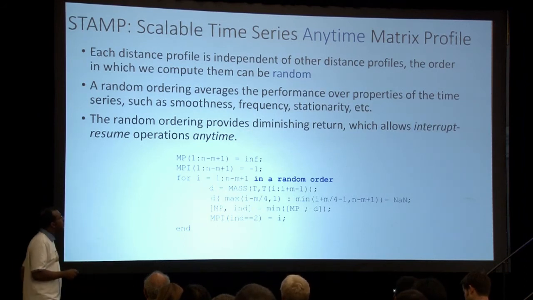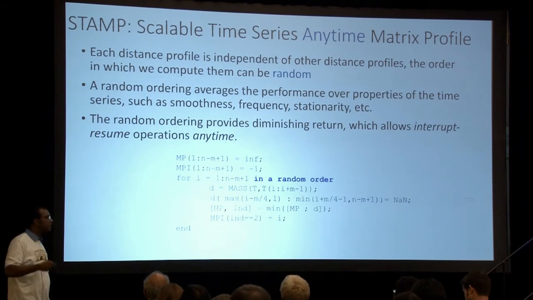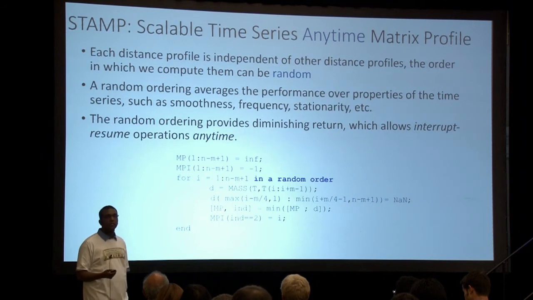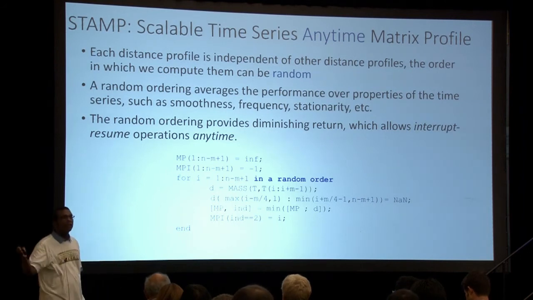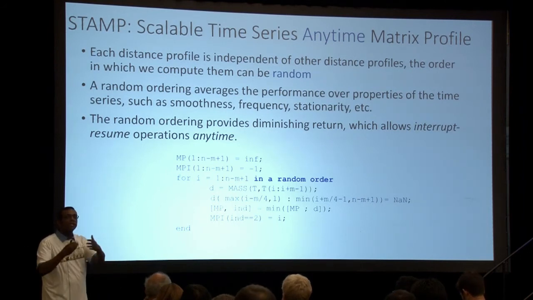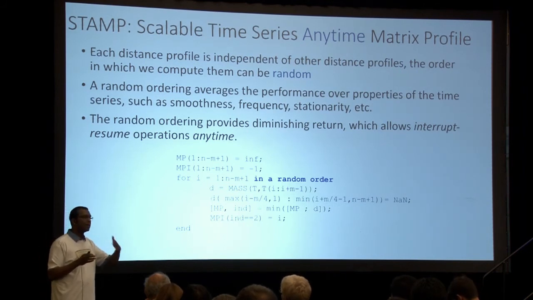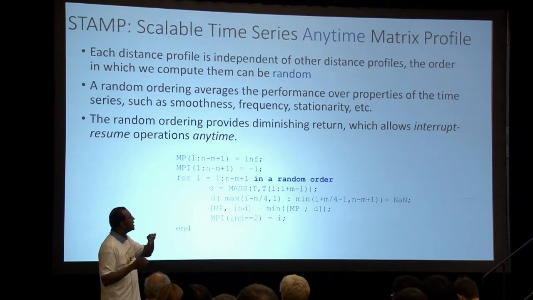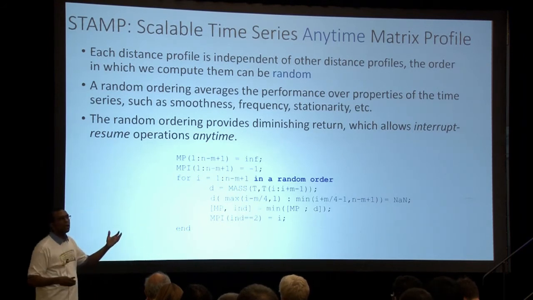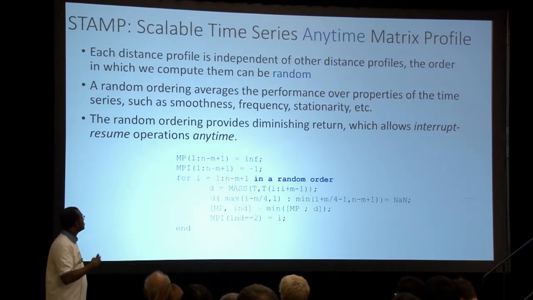So that's why instead of doing it in a fixed order, let's randomize the order. What it gives is actually an averaging effect across different data set properties. So if your data starts on Monday or Friday, it doesn't matter because it'll be averaged out by the randomization of your evaluation order.